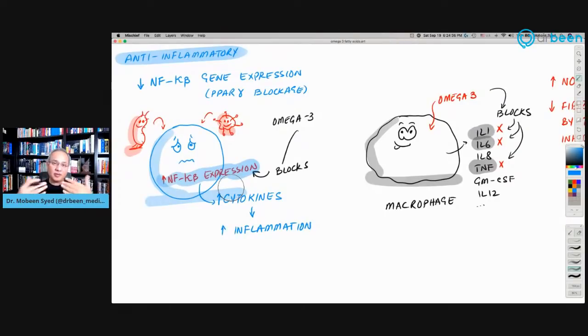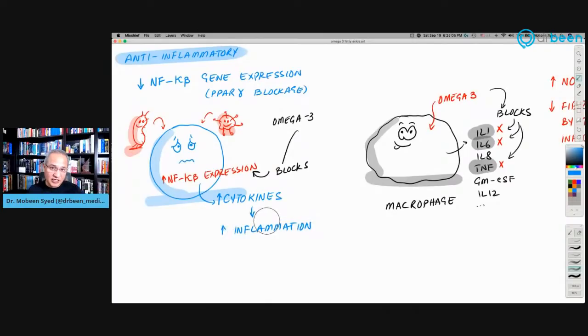We have been talking about this since the vitamin D days, because vitamin D helps with the modulation of nuclear factor kappa B. The fish oils, not only do they help with the production of vitamin D, they also produce a similar effect like vitamin D, and they modulate the nuclear factor kappa B gene expression. That causes reduced cytokine production, which causes reduced inflammation.